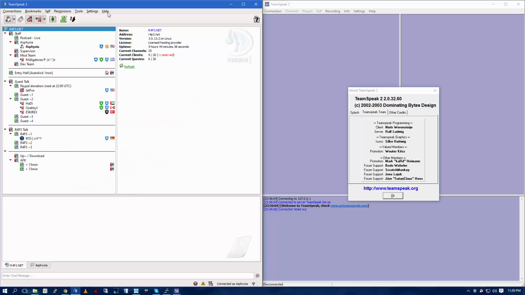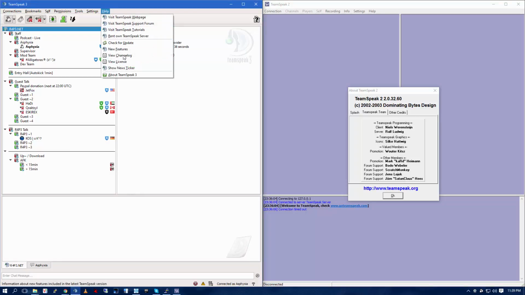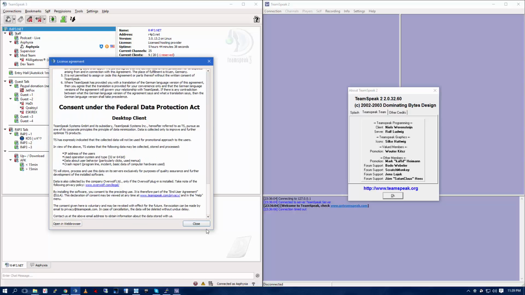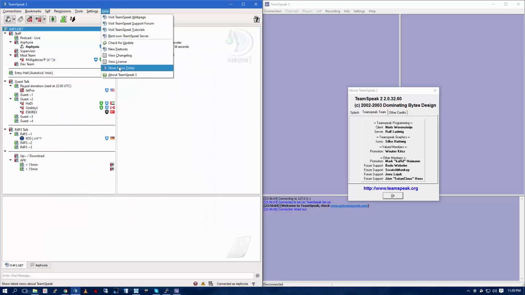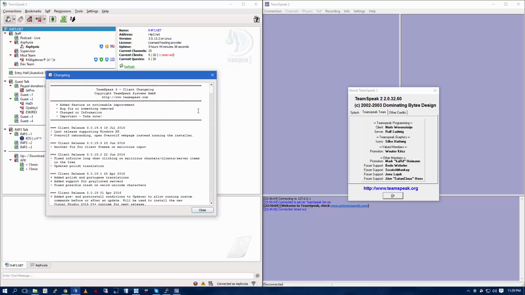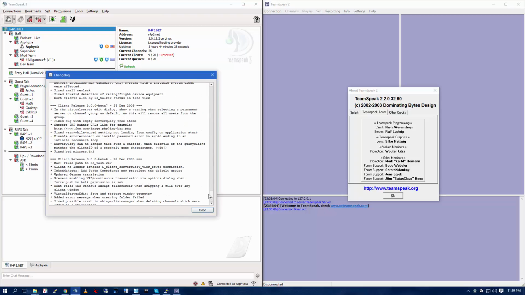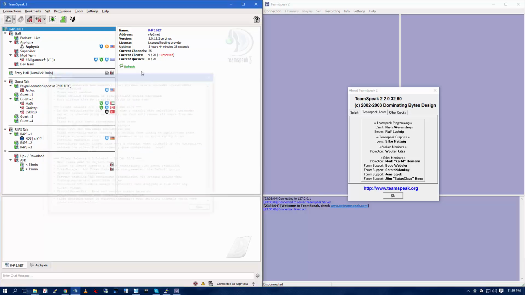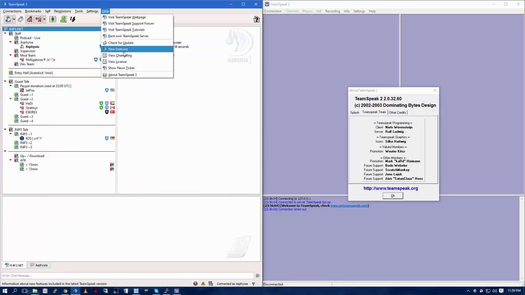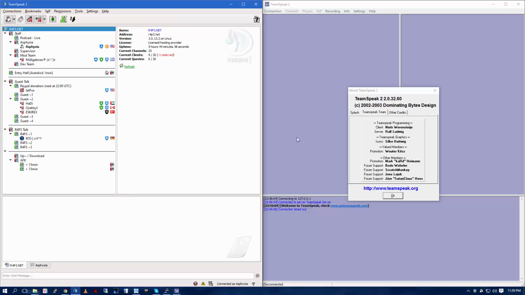That would be kind of cool. But I don't know, maybe it's the license? No, it's not the license. Changelog? I highly doubt it. I don't have their credits in here. Probably not.